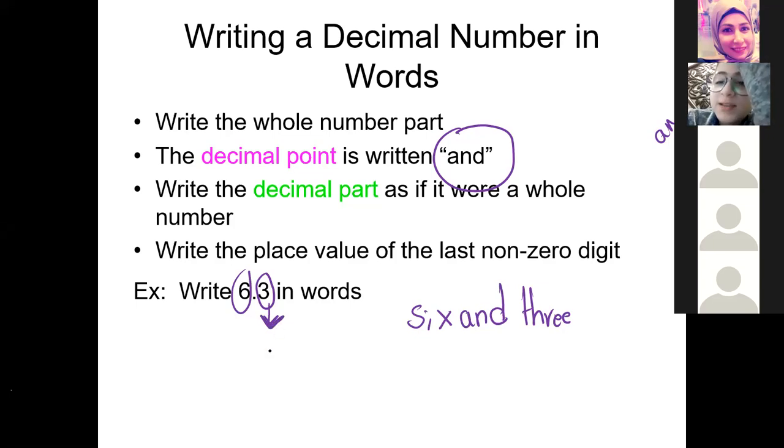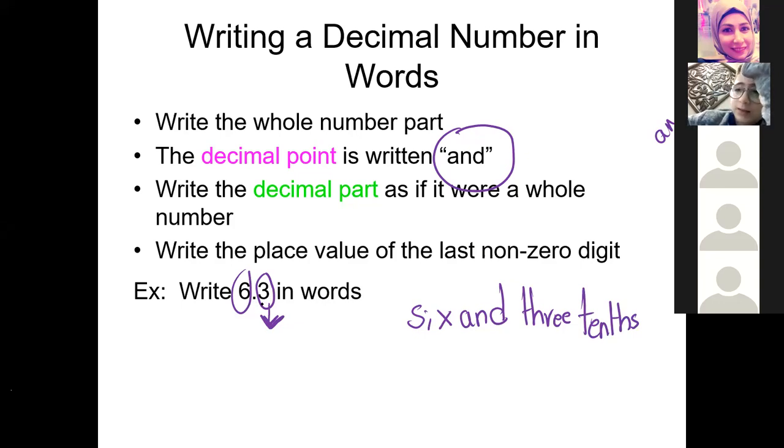Tenth, because it is the first digit in the decimal part. So we have to say tenth. I write the whole part 6, the point is written as "and", then the decimal part 3.